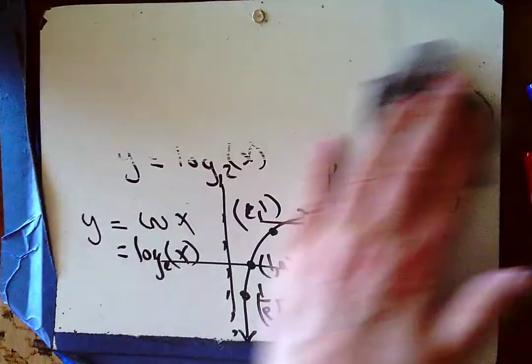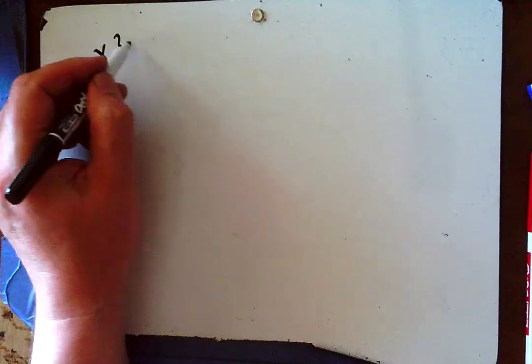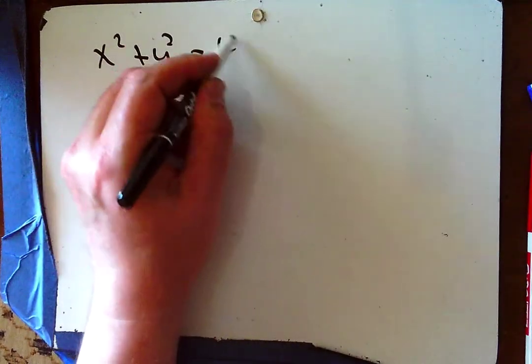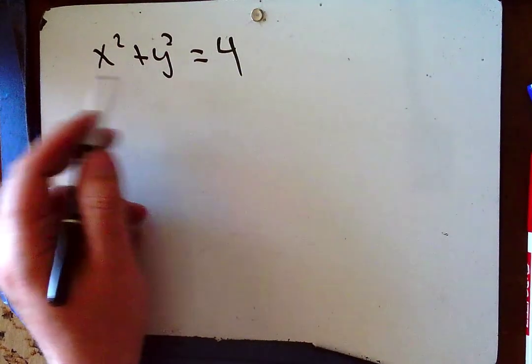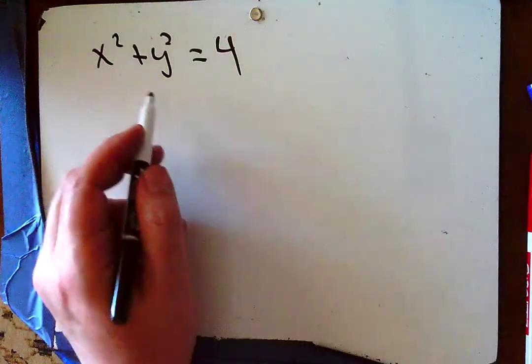Actually, I kind of want to throw in one more, but it's not really a reference graph because I can't quite apply my transformations to it. Remember, transformations only work on things that are functions. These are function transformations. And so if I had x squared plus y squared equals 4, I can't use my transformations on this because this isn't a function.